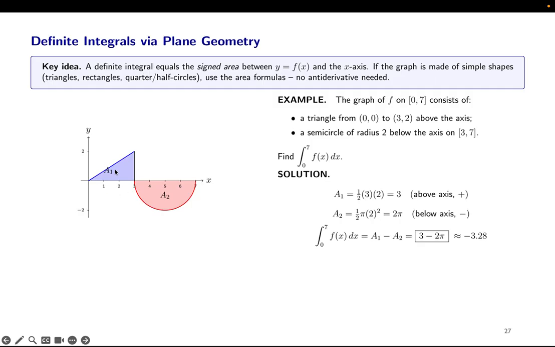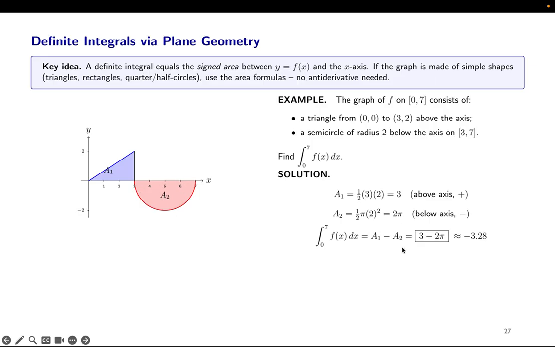The area of this is just 1/2 of the base times the height. The base is 3, the height is 2. So 1/2 times the base times the height is 3. The area of this is half of the area of a circle. So it's just 1/2 pi r squared, which is 2 pi. So that means that the definite integral is just this area plus this area, but this area, which is under the x-axis, is going to be a negative area.